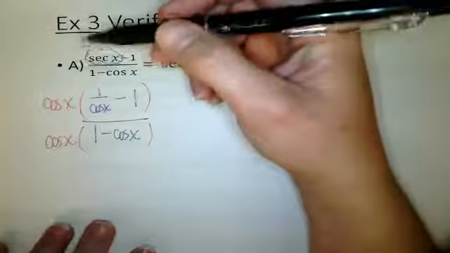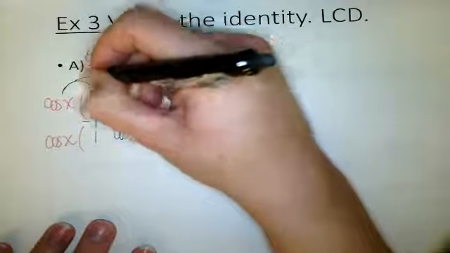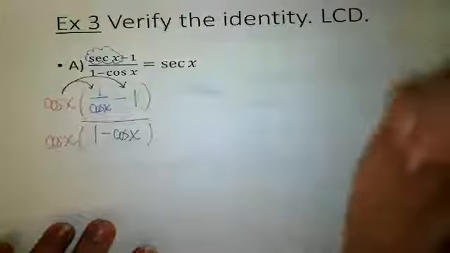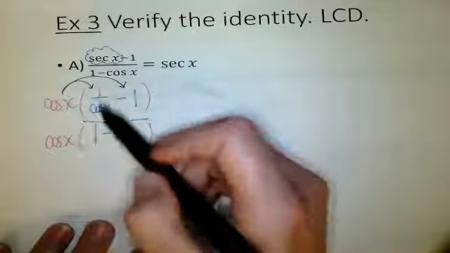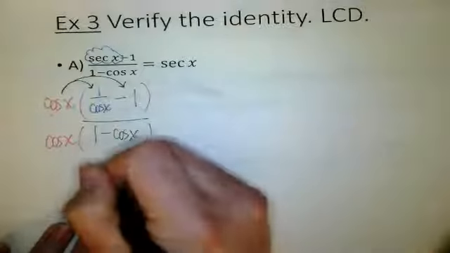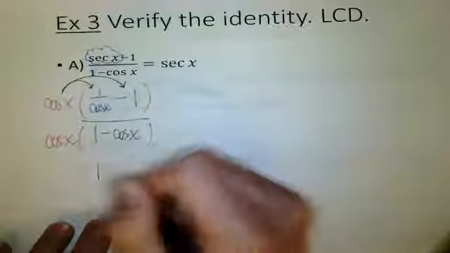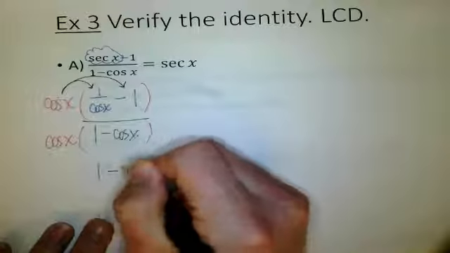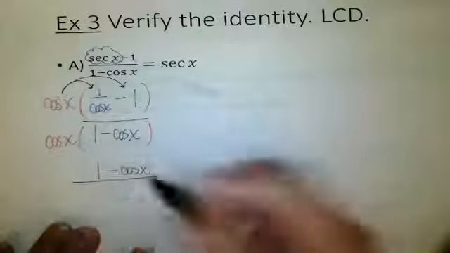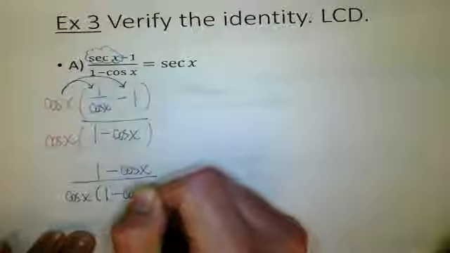So I'm going to distribute in my numerator. What is cosine of x times 1 over cosine of x? 1. And cosine of x times negative 1 is negative cosine of x. And now in my denominator I have cosine of x times 1 minus cosine of x.